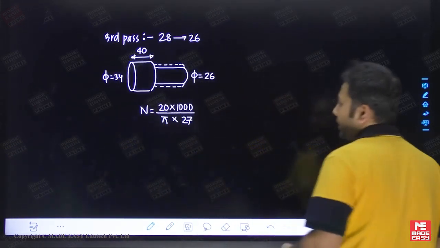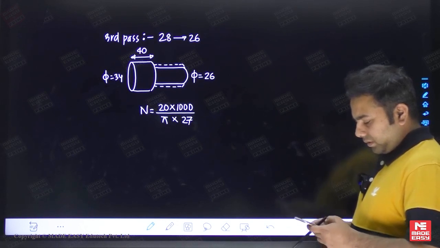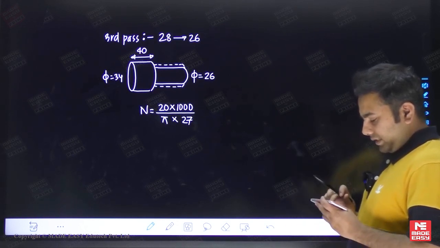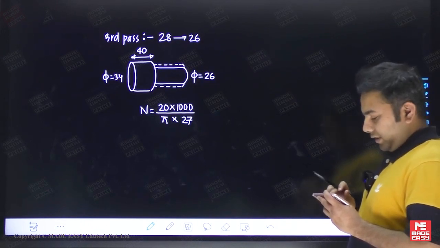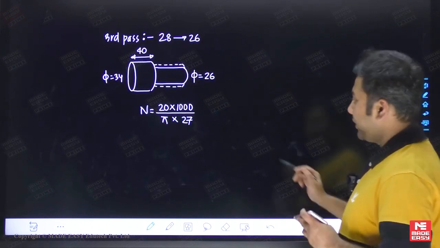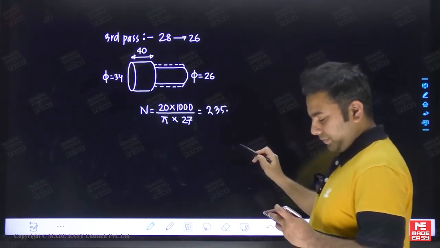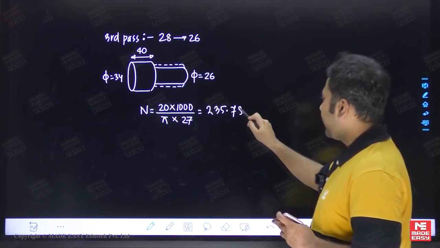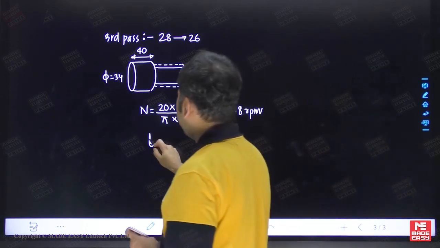So now let's go for the calculation. 20 divided by 27 into 318.3, that's equal to 235.78 rpm. Now what would be the time for the third pass?